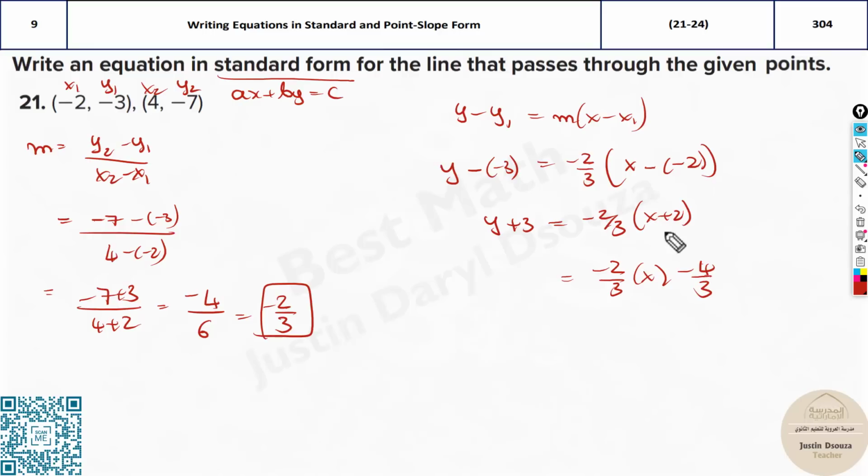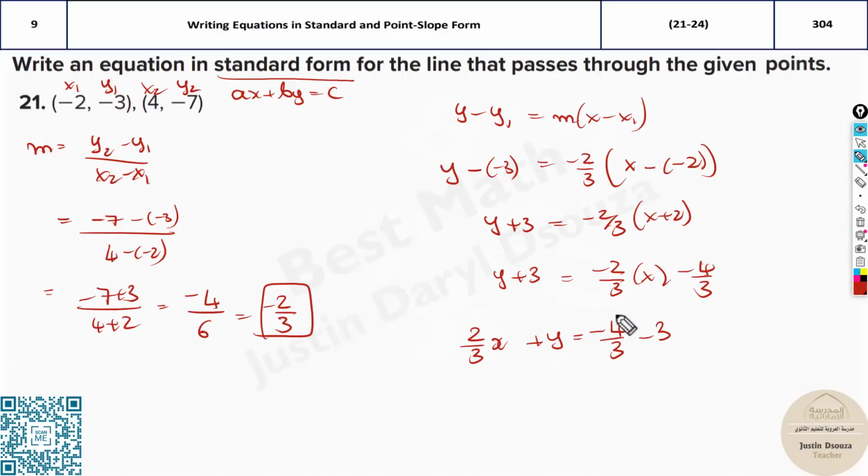Because 2/3 multiplied by 2 is 2 times 2 is 4, divided by 3, negative sign. And here we have y plus 3. Now standard form requires x and y to be grouped together. So I'll bring this entire term to the other side of the equal sign. It will be positive 2/3 x plus y is equal to this 3 to the other side becomes minus 3, okay, 4 by 3 minus 3.